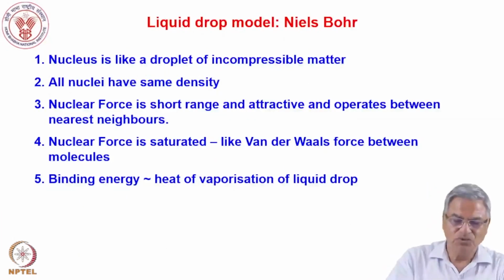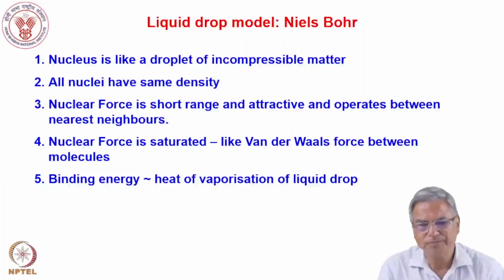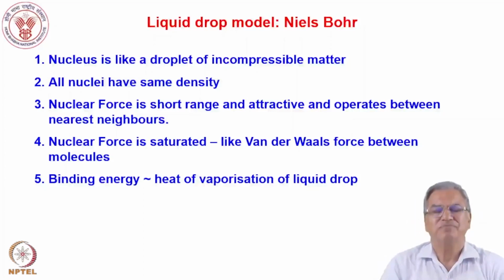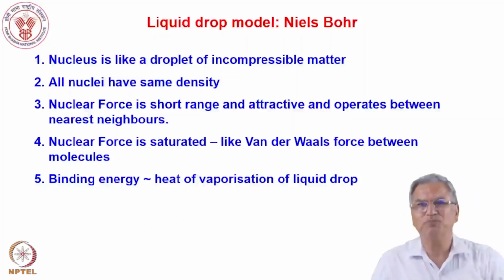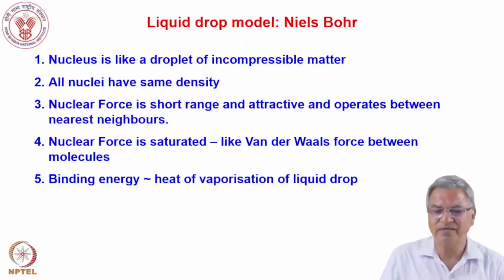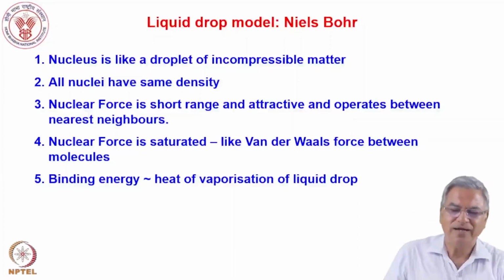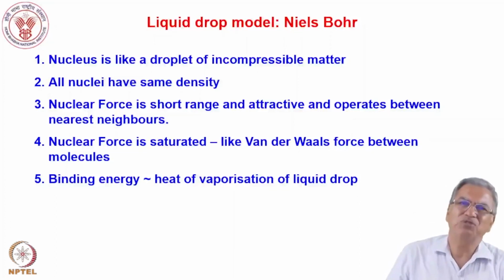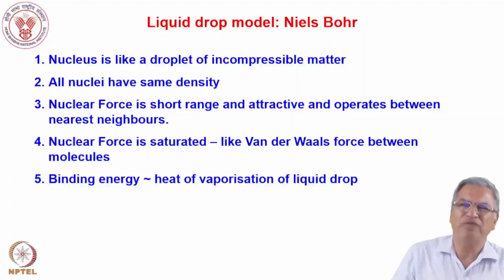Okay, so let me first start with the liquid drop model. The liquid drop model was proposed by Niels Bohr in the 1930s, and he was trying to explain the nuclear fission process, how a heavy nucleus splits into two fragments of nearly equal mass.